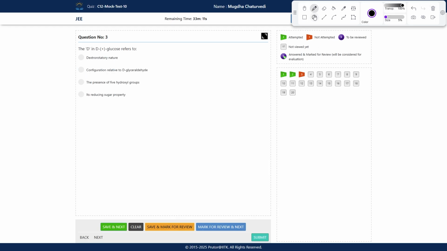The next question is asking what the D in D-glucose refers to. If it is written like this, then what does this D indicate? If we talk specifically about D configuration, then in D configuration, the OH group on the chiral carbon furthest from the aldehyde or ketone group is on the right side of the Fischer projection.